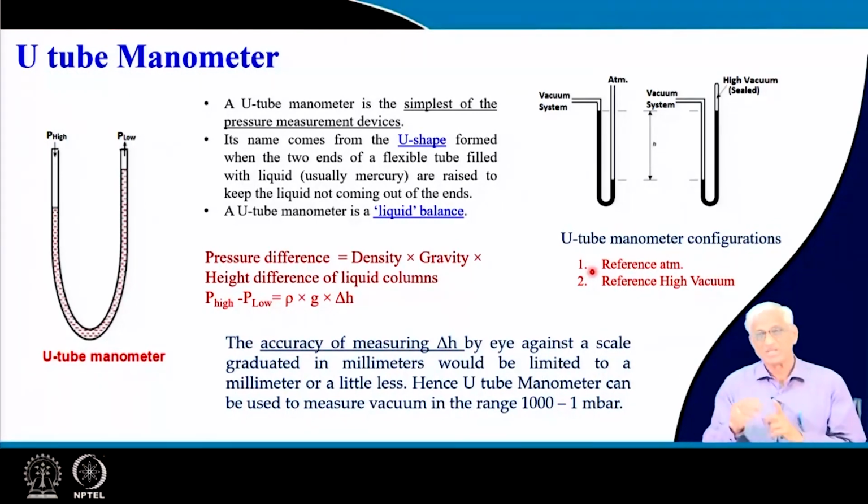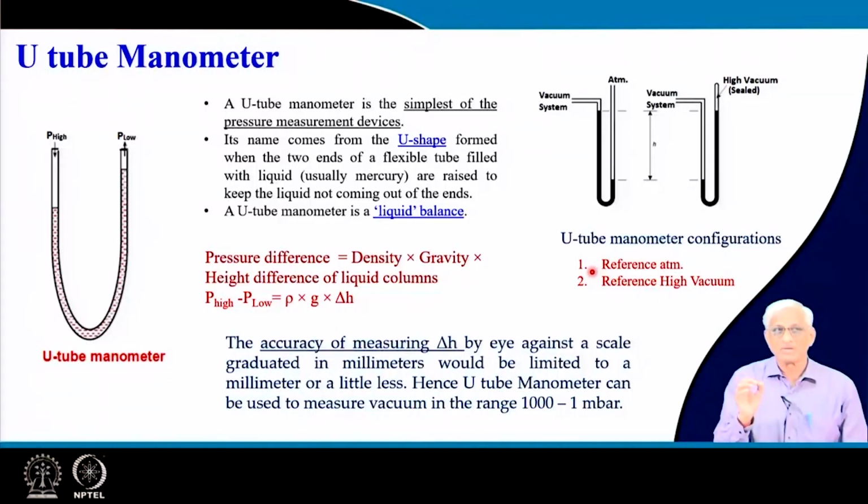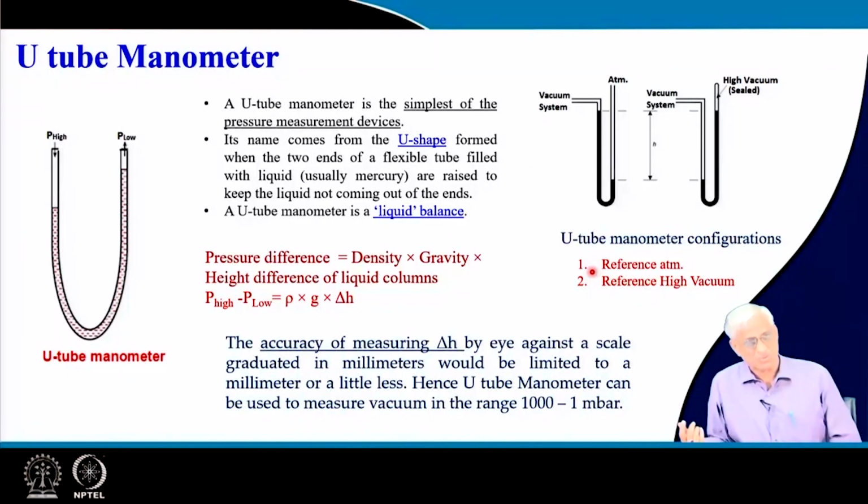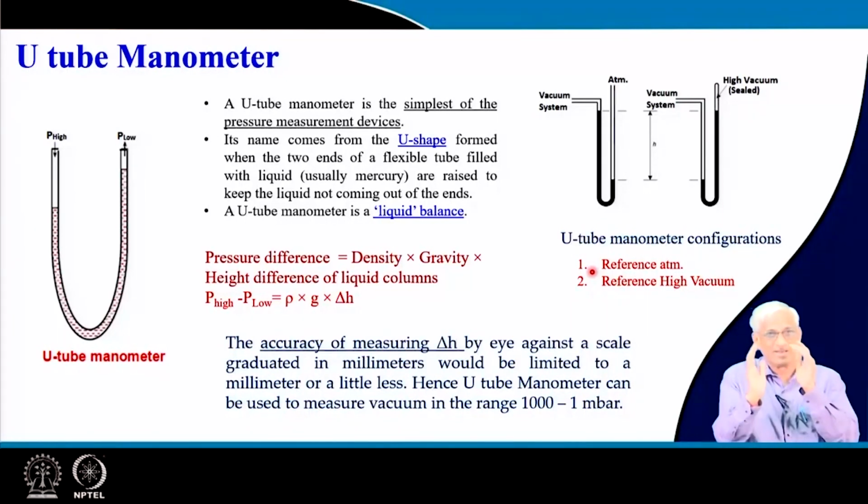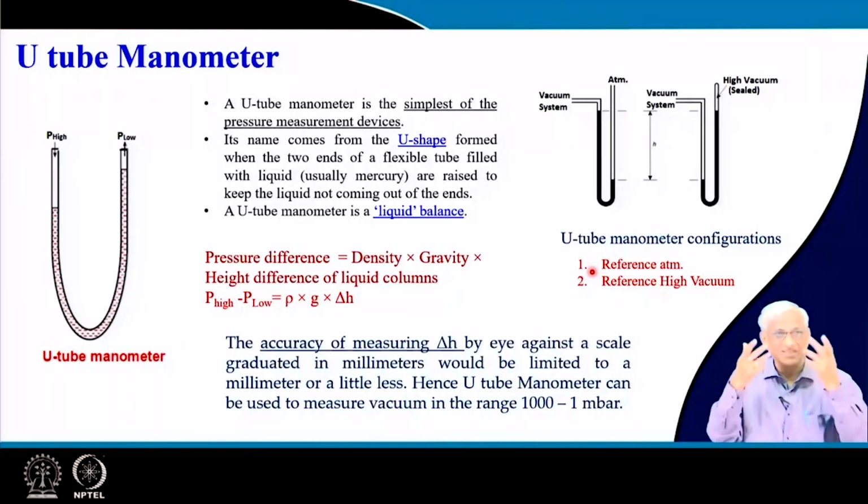The U-tube manometer is extremely useful and extremely accurate, with the fundamental principle that P2 minus P1 is equal to rho, the density of the fluid you are using, multiplied by g, gravity, and by the level difference. Most of the time we use mercury for obvious reasons, because the levels and quantities will be small, manageable with your hands and eyes.